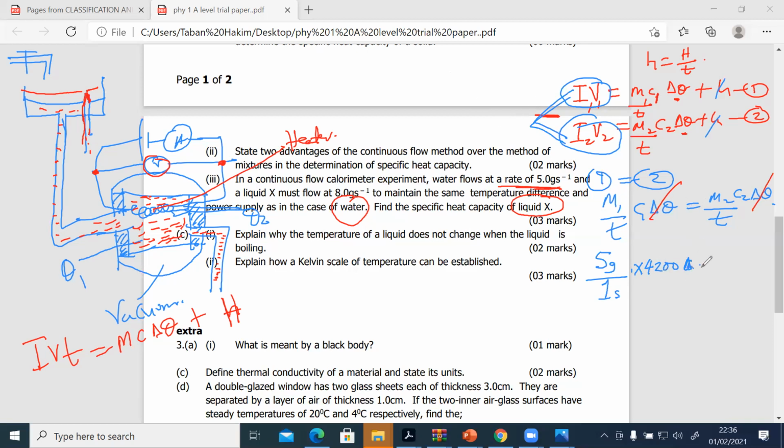So this is the same as 8 grams out of 1 second, times the specific heat capacity of liquid X. So using this idea, you can then get the specific heat capacity of liquid X in joules per kilogram per Kelvin.